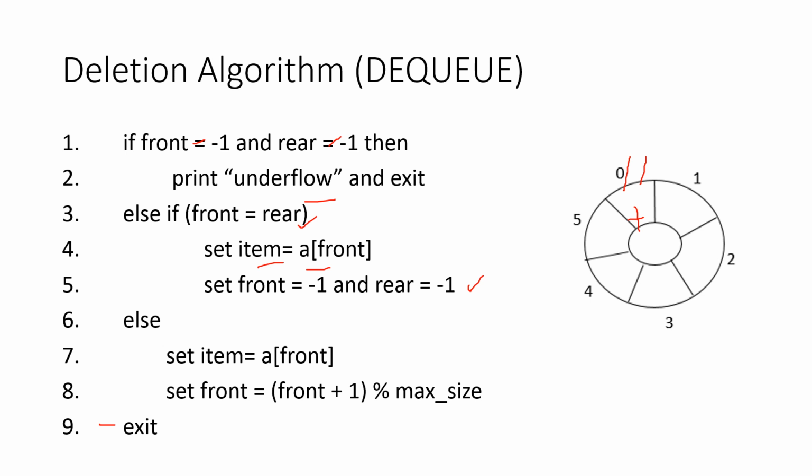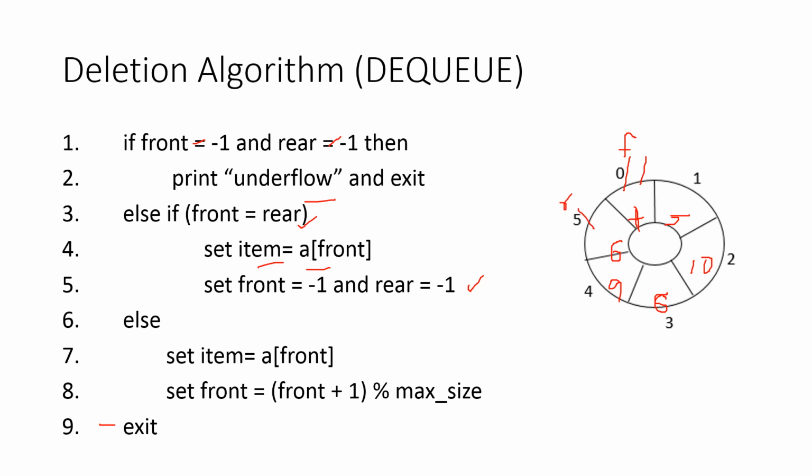Okay. Next, else some other situation. That is, you are having a full queue. Here you are having 1, here you are having 5, 10, 8, 9 and 6. So if this is the case and you are going to remove an element, this is front and this is rear.